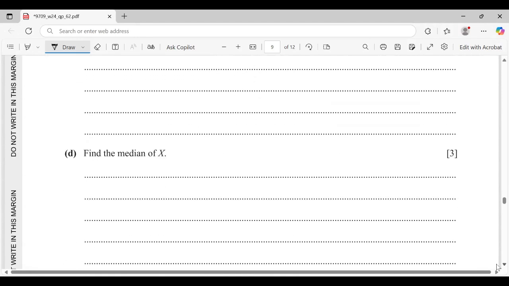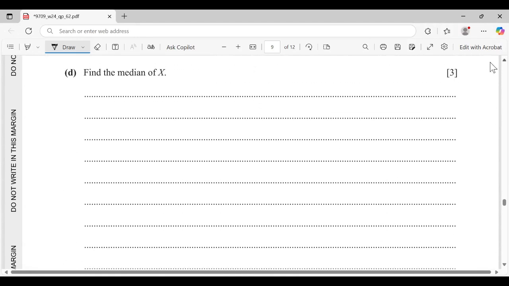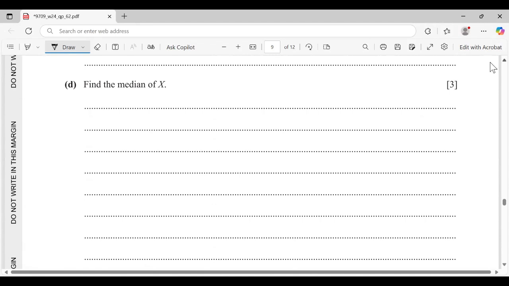Next question. Find the median of x. To find the median of a continuous random variable x, we need to solve the probability x less than or equal to m equals 0.5, where m is the median.